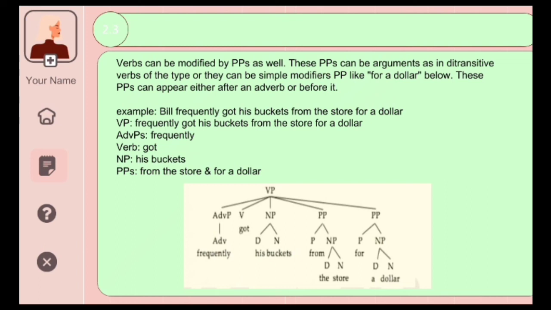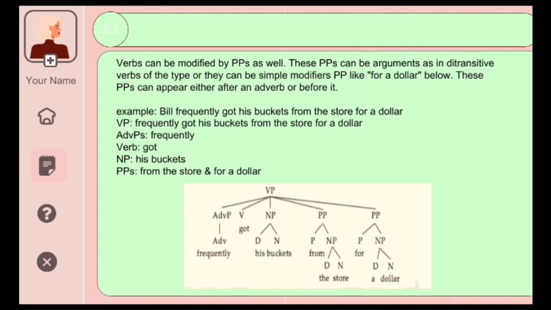For example, Bill frequently got his buckets from the store for a dollar. Our verb phrase there is frequently got his buckets from the store for a dollar. Our adverb phrase there is frequently. Verb is got. Noun phrase is his buckets.